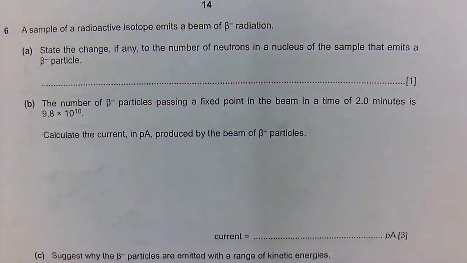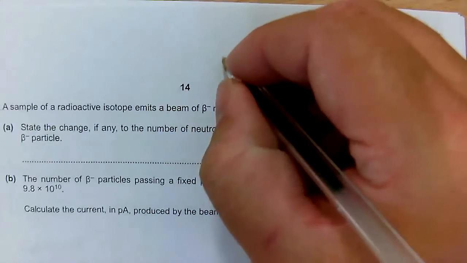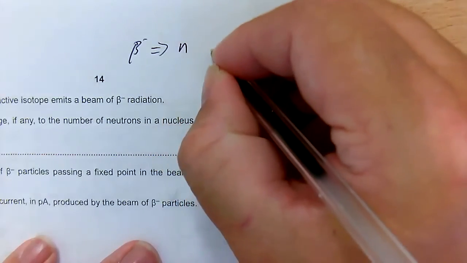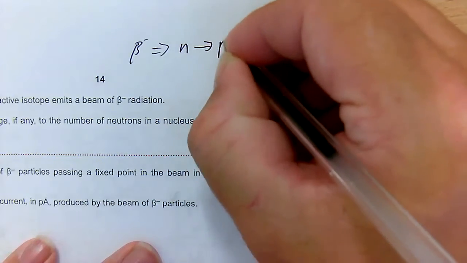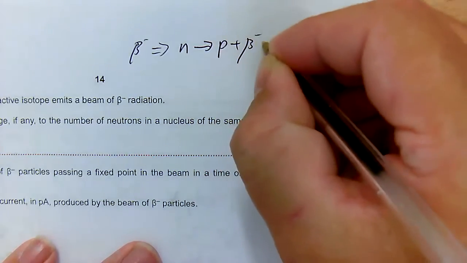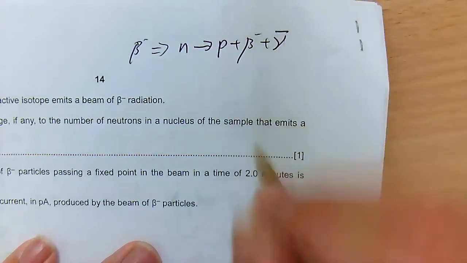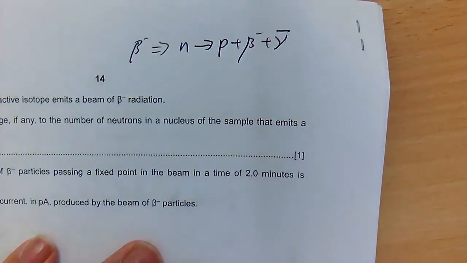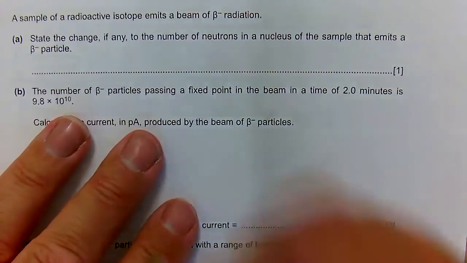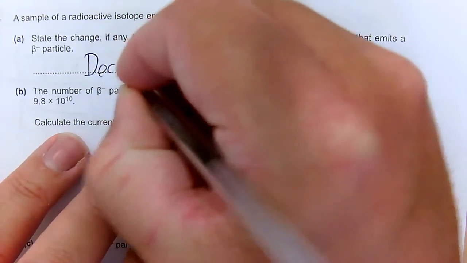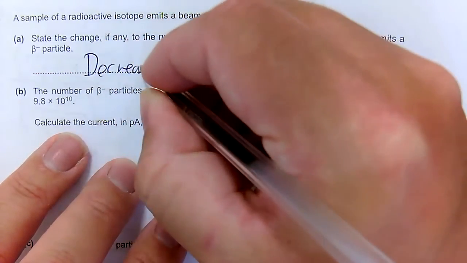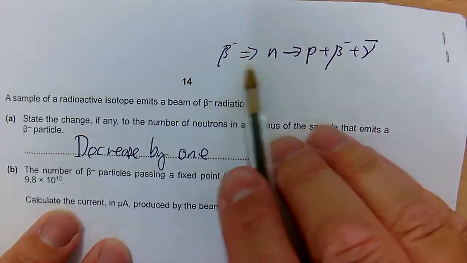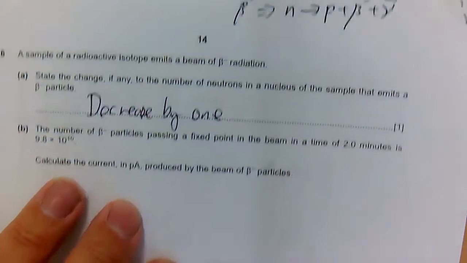Well, for beta minus, a neutron in the nucleus decays to a proton plus a beta minus plus an anti-electron neutrino. So one neutron will become a proton, so the number of neutrons will decrease by 1, because that neutron has become a proton.